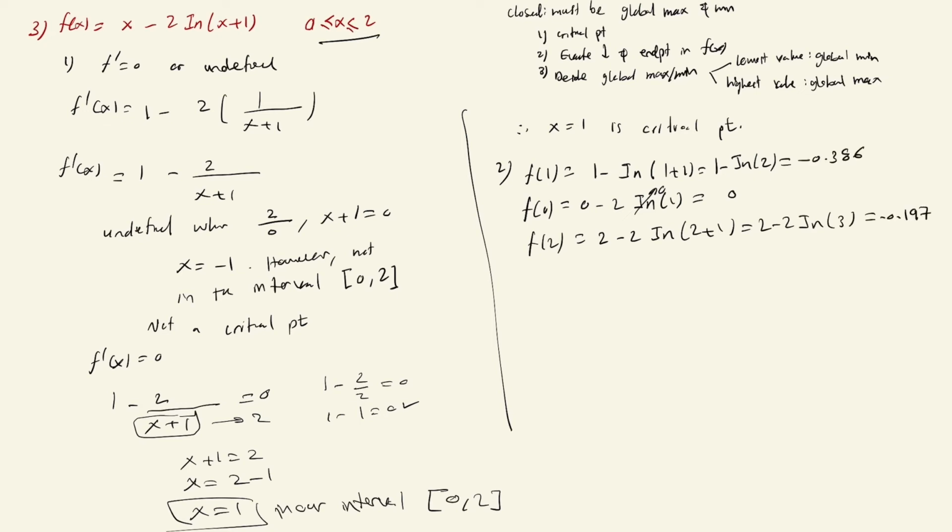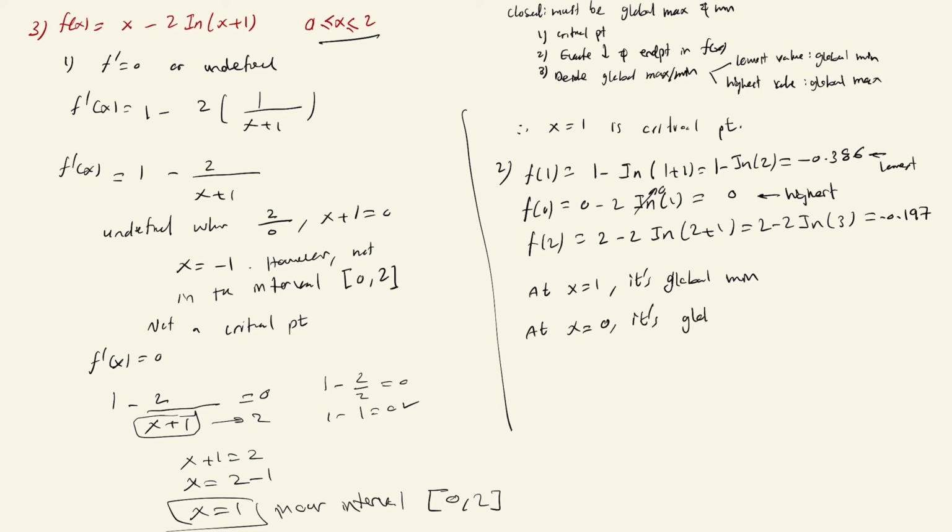We can see negative 0.386 is the lowest and 0 is the highest value. Therefore, at x equal to 1, we have a global minimum, and at x equal to 0, we have a global maximum.